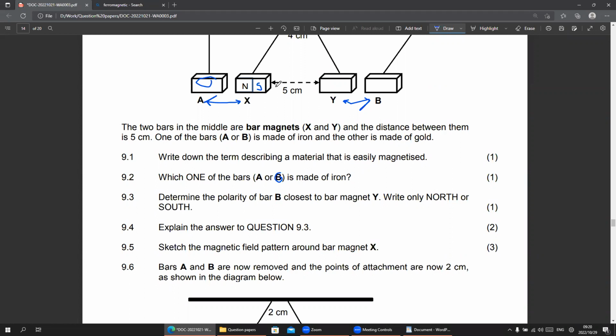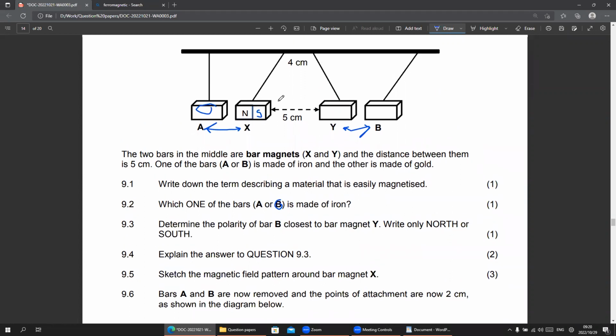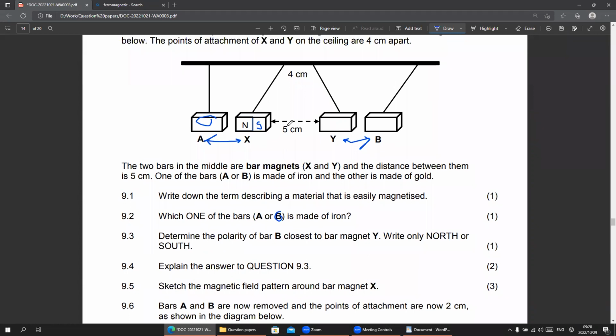So as you can see, X and Y, the separation above and the separation here is different. And when you look at the directions, you can see that X and Y are repelling each other. Is that right? Yeah. So X and Y are repelling each other.